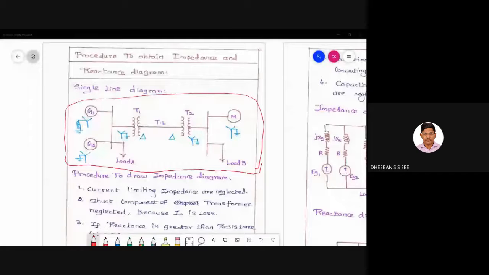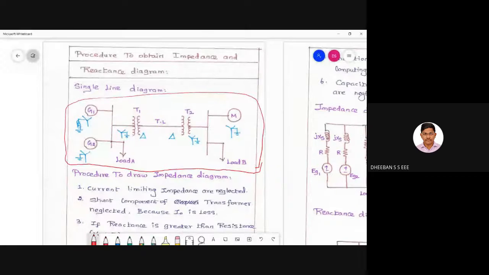Can you come again? Sir, there will be two generators and there will be three loads including the motor. Yes, of course, you're correct. There are two sources and three loads, including your motor.